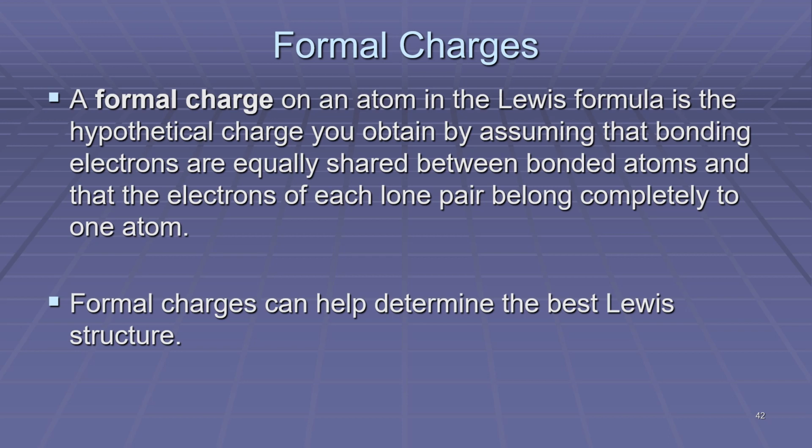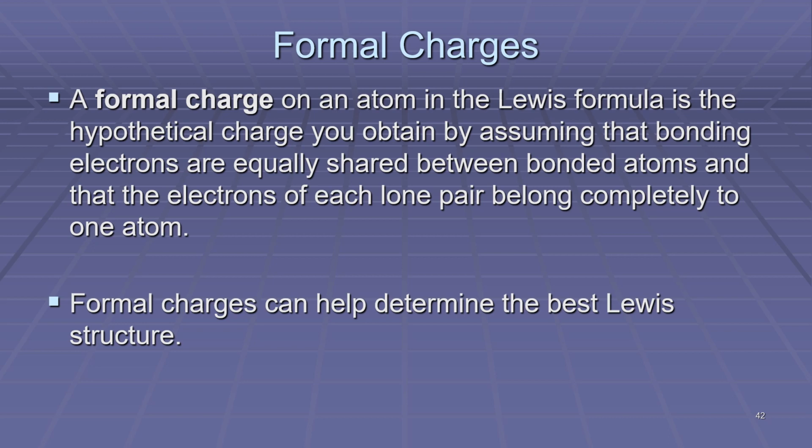So a formal charge on an atom in the Lewis structure is the hypothetical charge you would obtain by assuming that bonding electrons are equally shared between bonded atoms, and that each lone pair belongs completely to one atom.